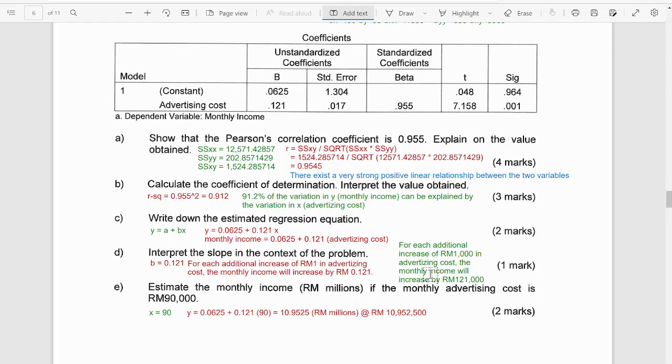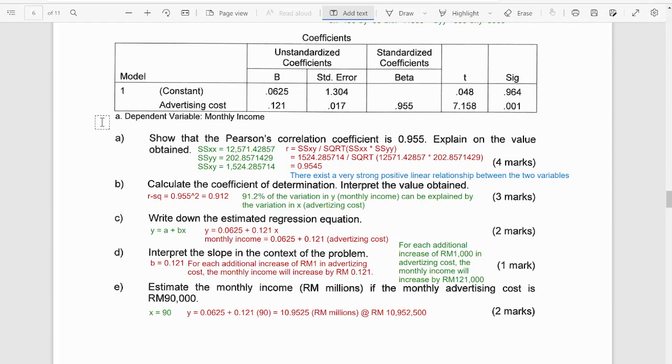Okay, you tengok last question ataupun tengok kalau ada output ni. Whatever yang ada dalam output ni, macam ni, dalam model ni dia ada constant, bawah constant tu ada advertising cost kan. Whatever under the constant value ni, this is the independent variable.